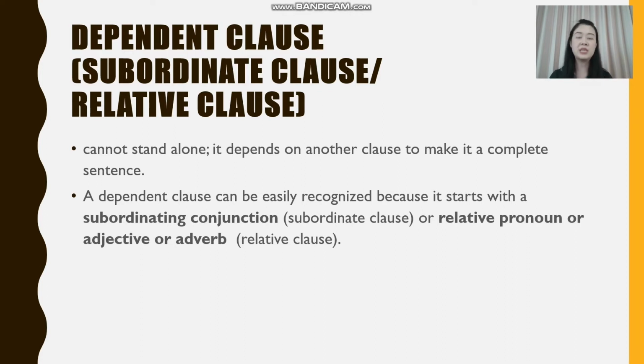And dependent clauses can be easily recognized. That's because they start with what is called a subordinating conjunction. So can you still remember conjunctions? We have three types of conjunctions, right? The first one, coordinating conjunctions, those like FANBOYS. And we have subordinating conjunctions.